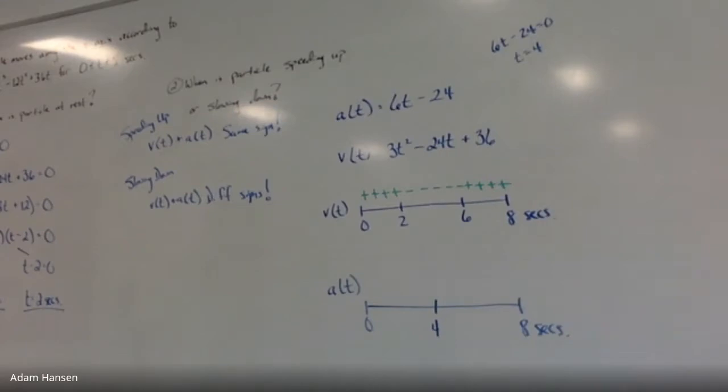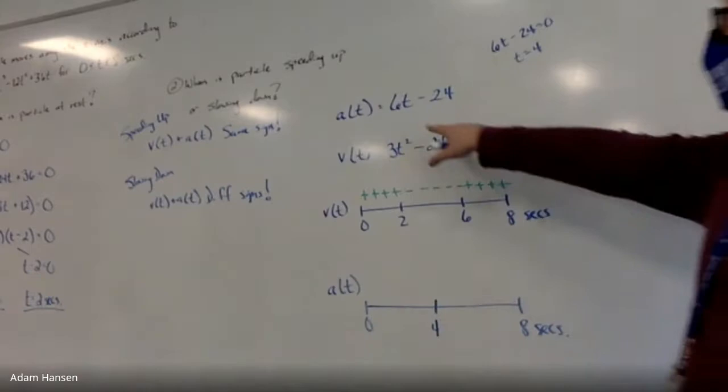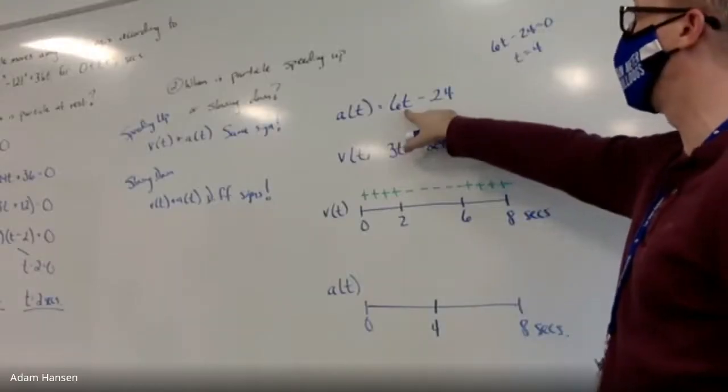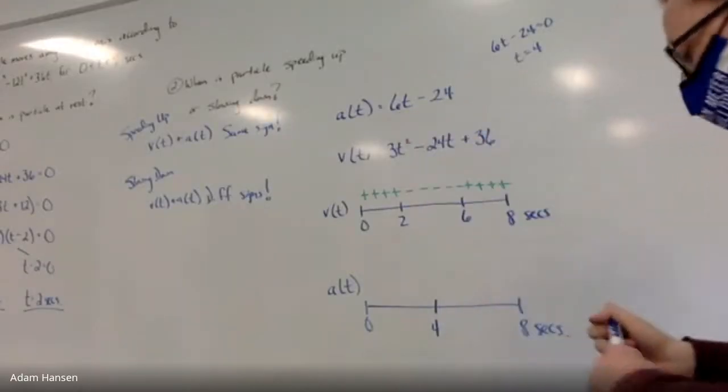Okay, we have 2 intervals to test. I need to think of a number between 0 and 4 and between 4 and 8 to see what the sign of acceleration is for our particle. What's a good number between 0 and 4? 2. Okay. 6 times 2, we're plugging it into acceleration now, just to test the sign. 6 times 2 is 12, 12 minus 24 is negative.